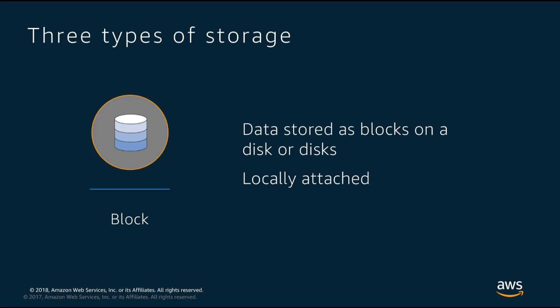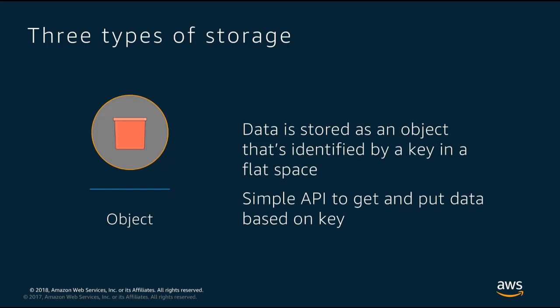And you could think of this as local attached storage or local attached disks. With object storage, data is stored in a container called an object that is identified by a unique key. All objects are stored in a flat space, in other words, not a hierarchical structure. And it provides a simple API to get and put data based on key. And commonly, that API is called over the internet.